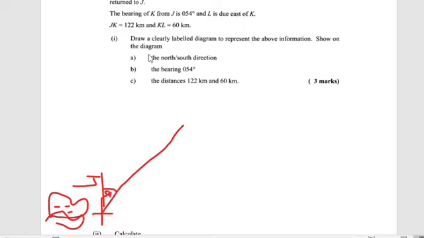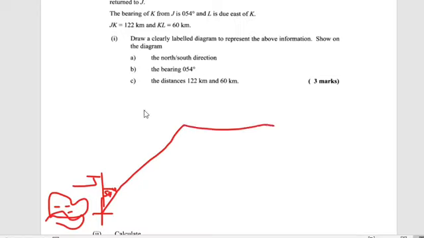So this is one of our requirements: the bearing of K from J is 54 degrees. And then it says it sailed from K to L, and L is due east of K, so going in the east direction.